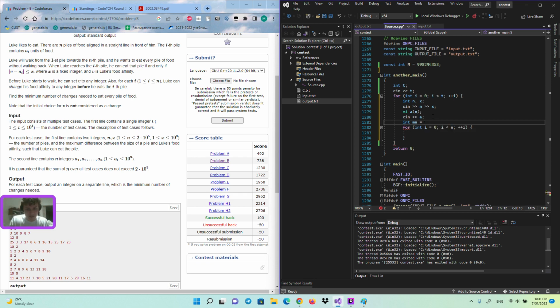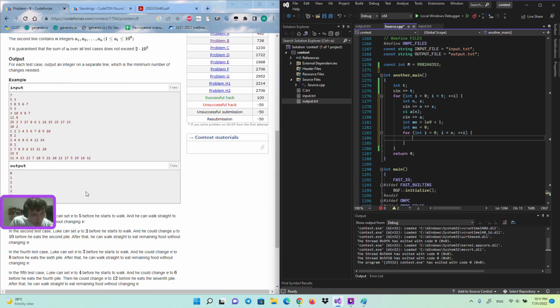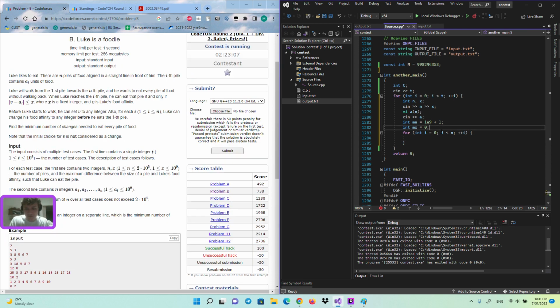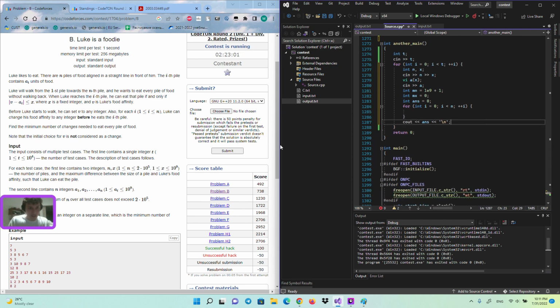Okay, let it be 1e9 plus 1 for the minimum, and int mx equals 1 or maybe 0. So what do we do? We want the minimum number, so we also check it. Okay.